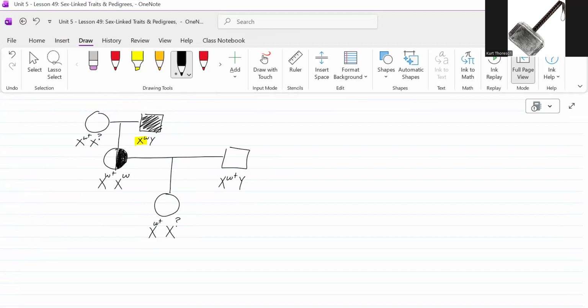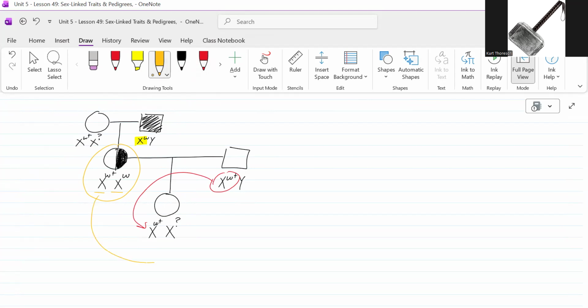But here's what I'm going to tell you. This female student of mine has a mother with a normal X and a mutant X. Which one did she inherit from her mom? I don't know. What I do know is that she inherited the normal one from her father. So that goes there. So here's the scenario.